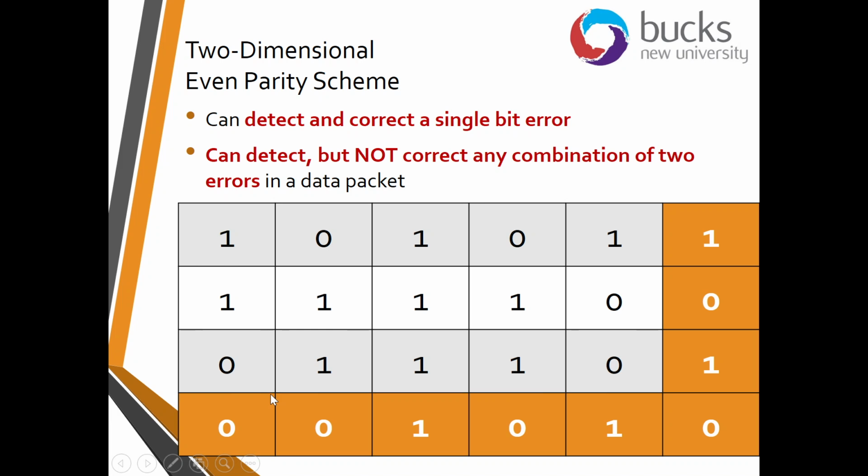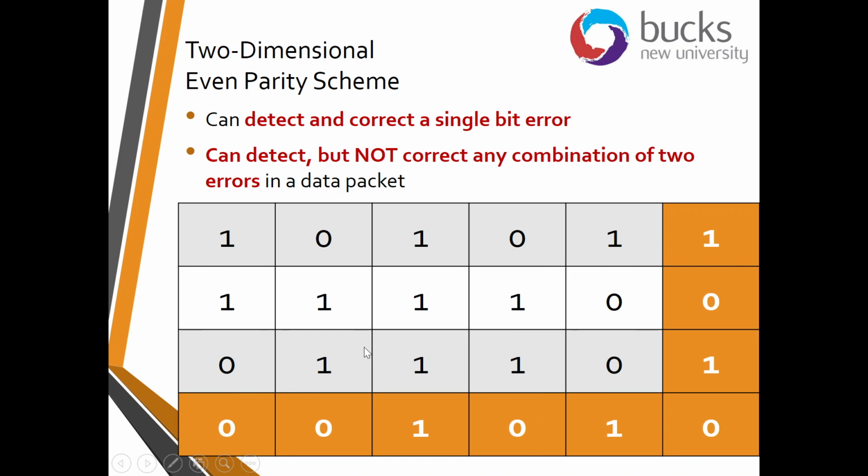Now the key with this two-dimensional parity checking system is that we split the data that is to be transmitted and lay it out in a stacked grid. We're not using just one parity bit now; we're actually checking the parity of the individual rows and columns within that data.